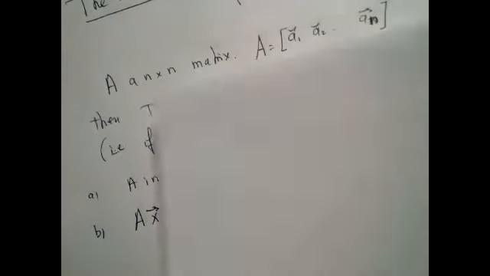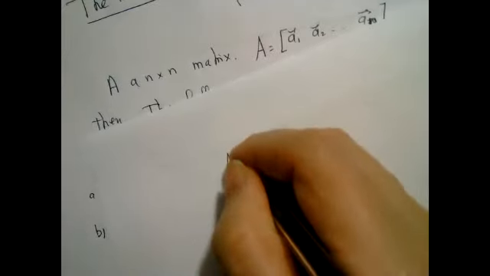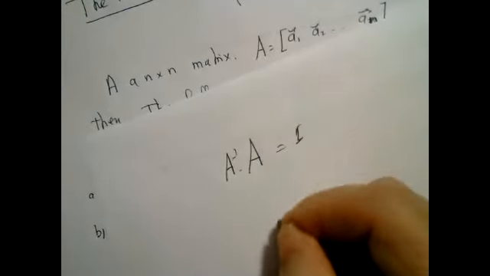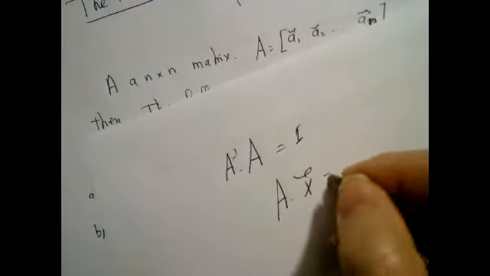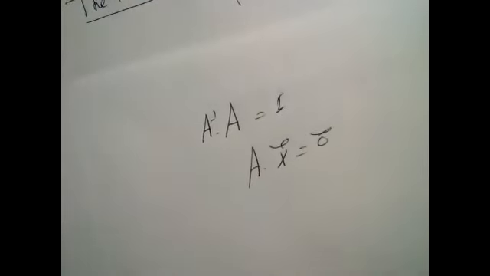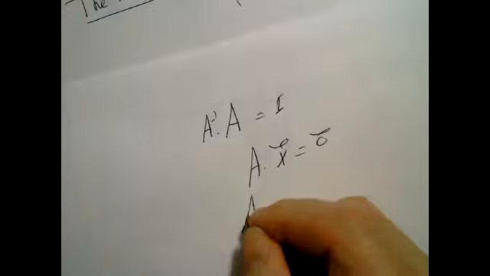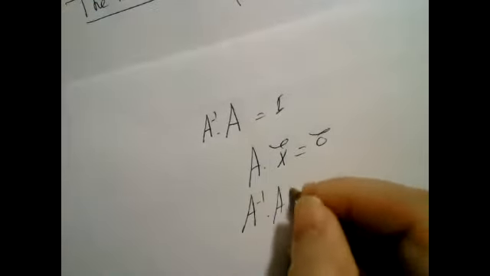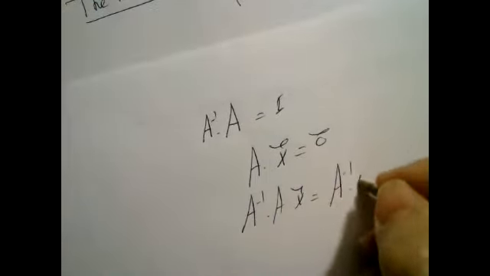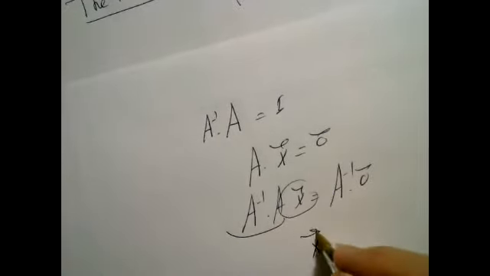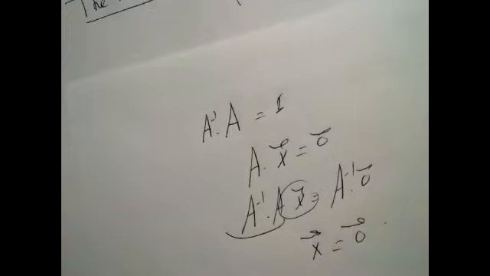Because once the matrix has an inverse, meaning there is something that will give me the identity, then if I try to solve AX equal to 0, as we did several times, we can multiply by A inverse. Multiplying by A inverse will help me capture my X back, which is going to give me the 0 vector.